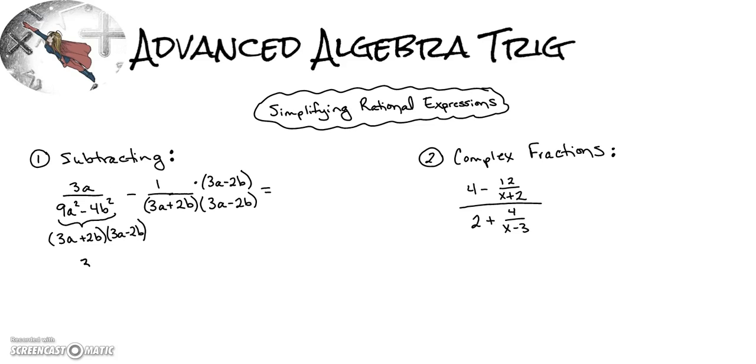I have 3a over my common denominator, 3a plus 2b, 3a minus 2b, minus, and then my next numerator, which is just times 1, so it's just going to be 3a minus 2b, and that's also over the common denominator.